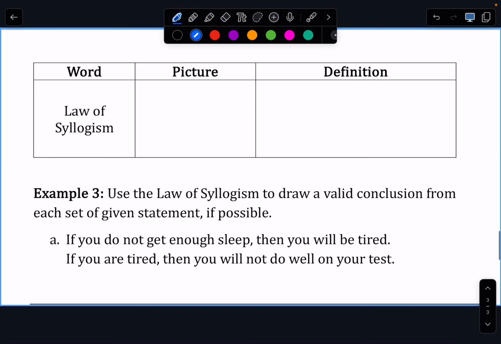All right, next page. The law of syllogism. Okay, this is called the law of syllogism, and it's actually what you did in your introduction activity.